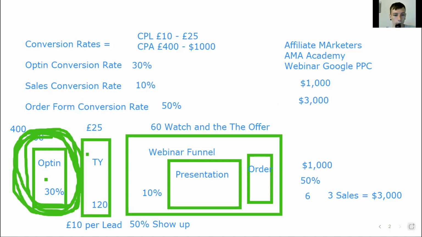Now, a big important one here is, why am I explaining your cost per lead, cost per acquisition? If you can get to where you make profit or break even or invest.